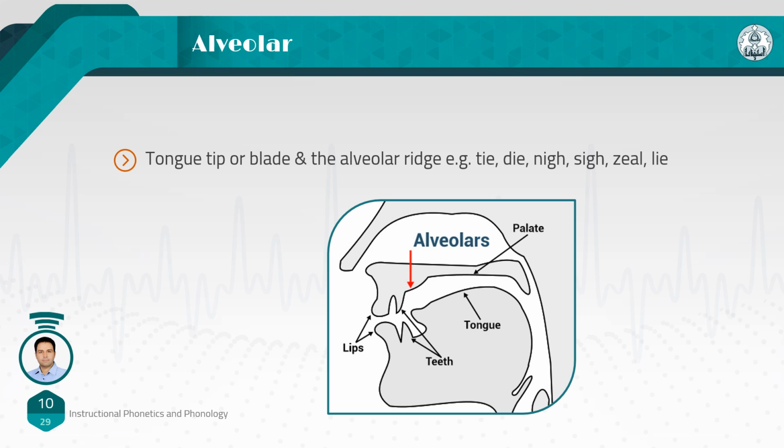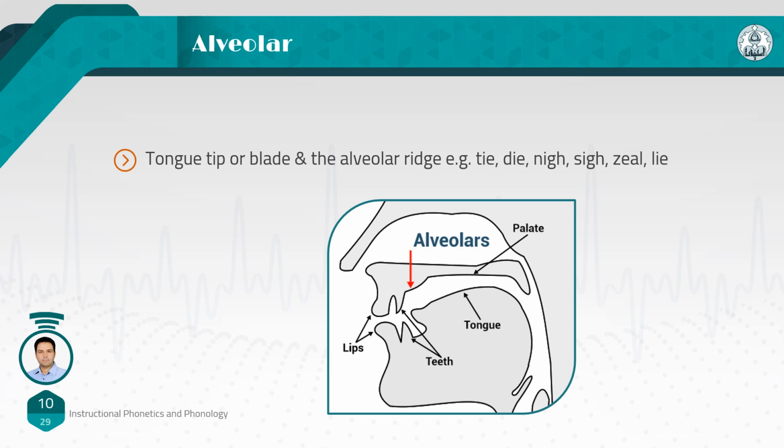The thing that you should know here is that sounds like te, de, ne, se, ze, la are the sounds that we call alveolars, because we use the tongue tip or blade plus the alveolar ridge in order to produce these sounds.